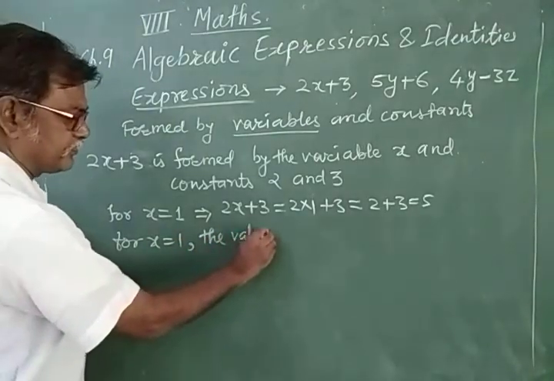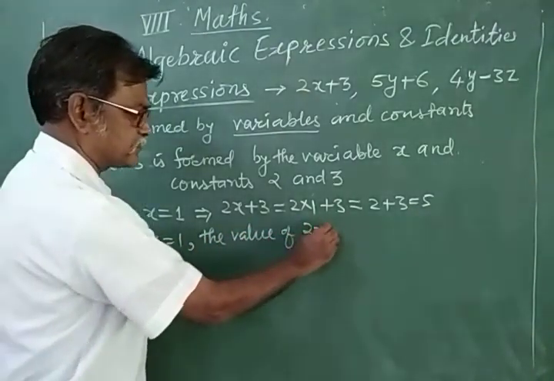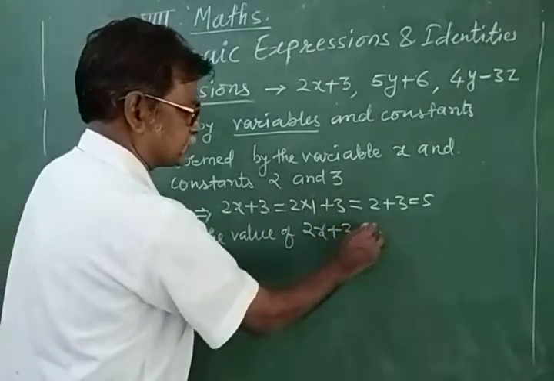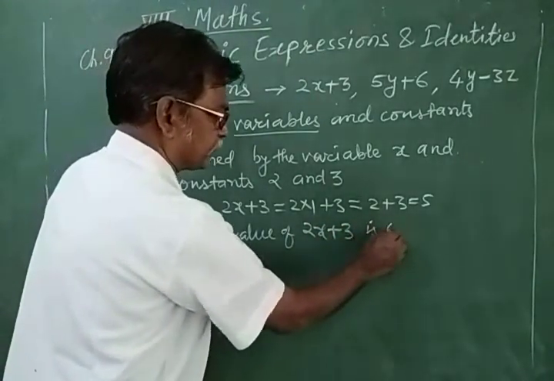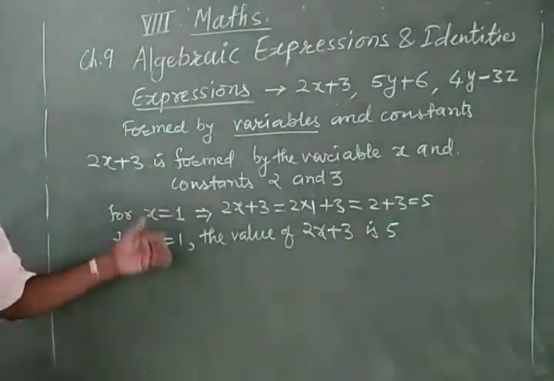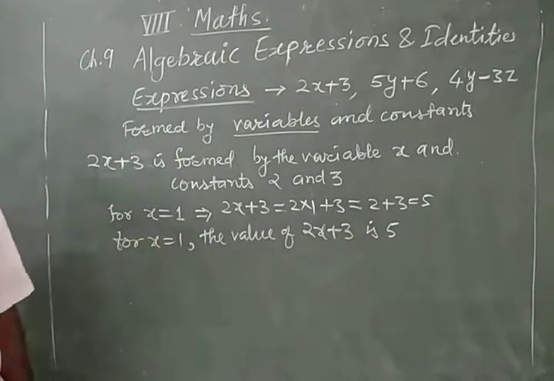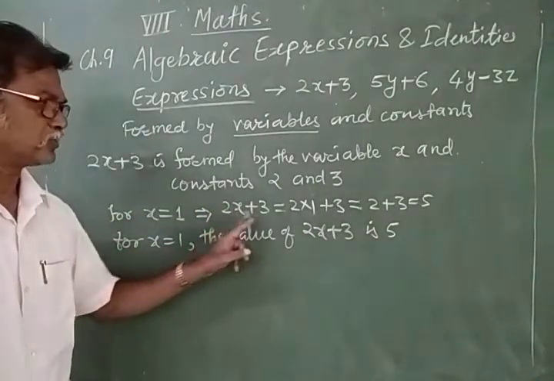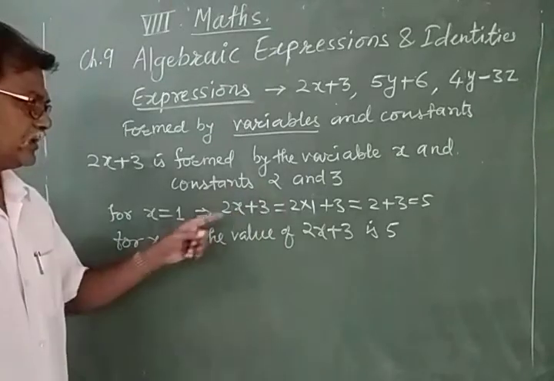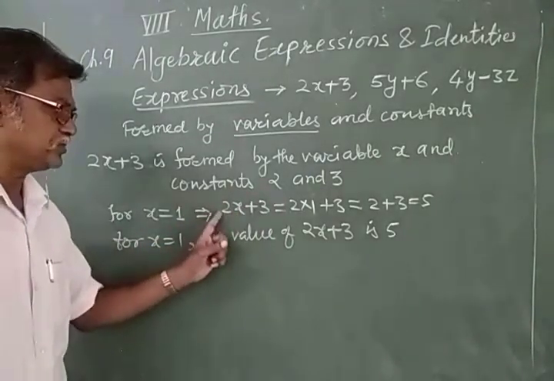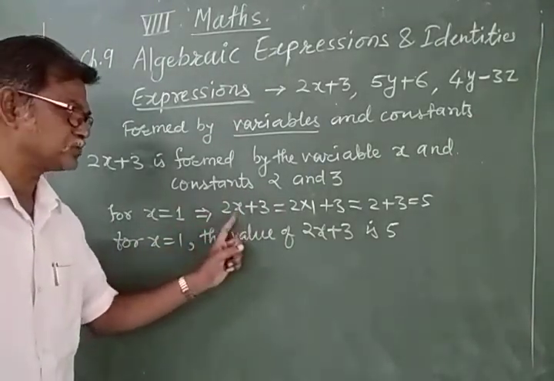For x is equal to 2, you will get another value: 2 into 2, 4, 4 plus 3, 7. For x is equal to minus 1, 2 into minus 1, minus 2 plus 3 is 1.